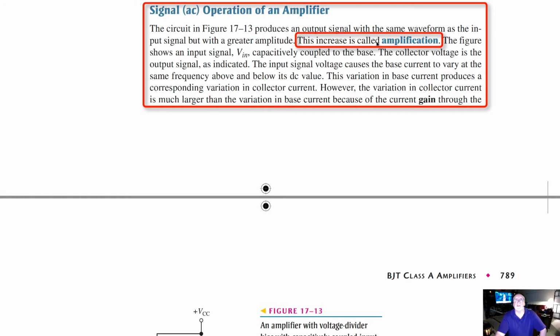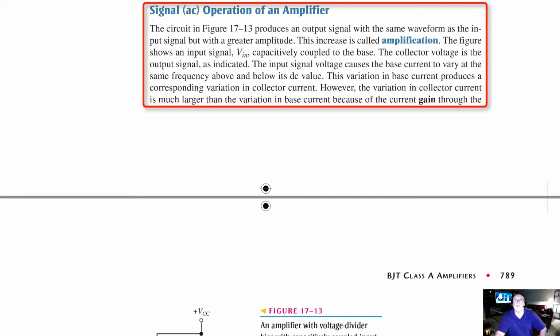This increase then is called the amplification. The figure shows an input signal V sub in capacitively coupled to the base. The collector voltage is the output signal as indicated. The input signal voltage causes the base current to vary at the same frequency above and below its DC value.